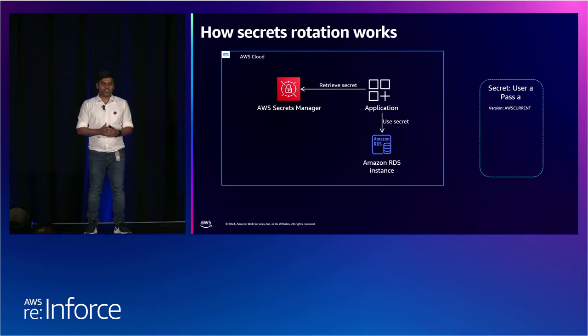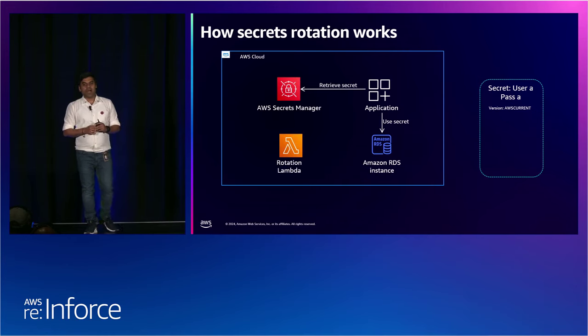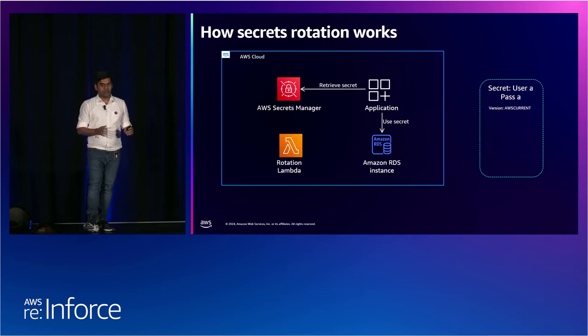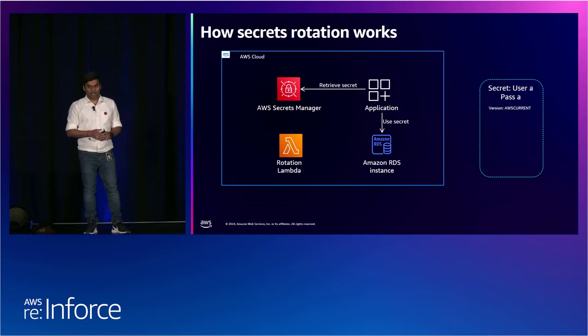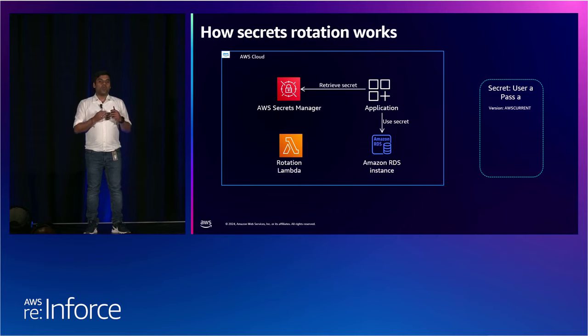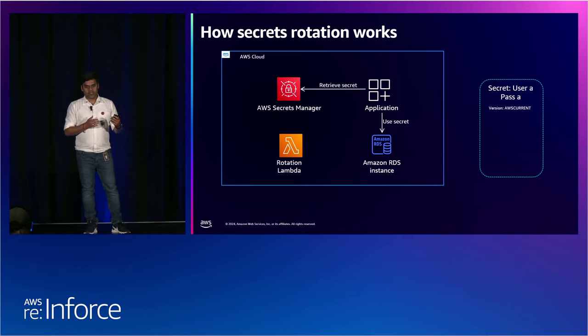When you set up rotation for your secrets, Secrets Manager deploys a Lambda function within your same environment, within that same VPC, within that same account to actually carry out rotation on your behalf. And when it's time to actually execute the rotation, Secrets Manager's rotation engine invokes this rotation Lambda function.